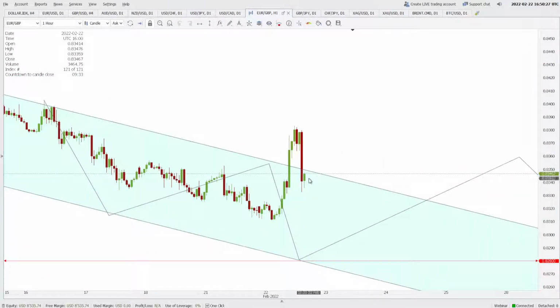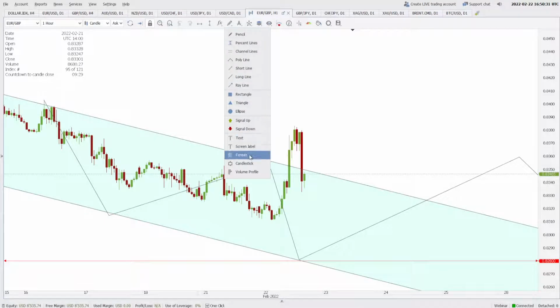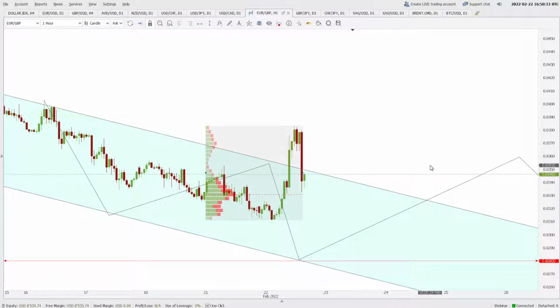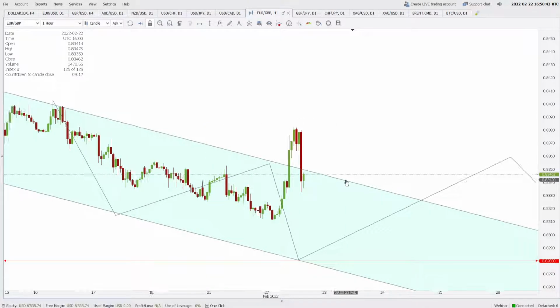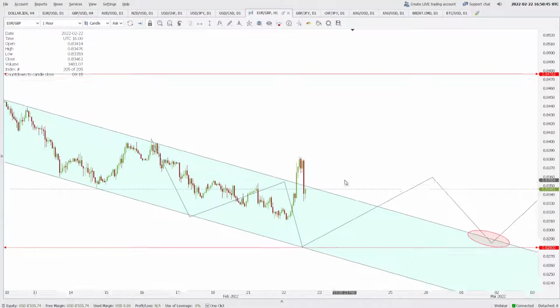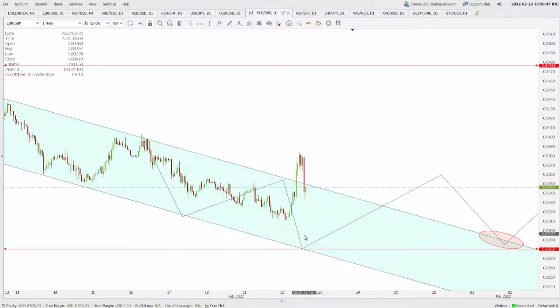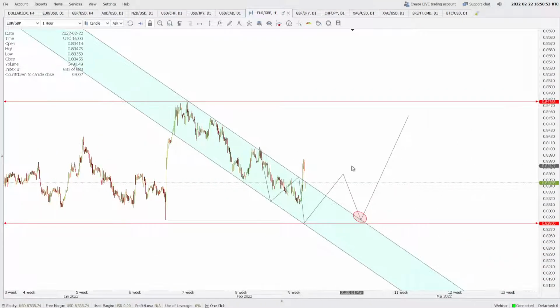I'm thinking that there is a possibility that a lot of orders are coming in here, in this range actually around 0.8329. So this is a volume profile I'm testing. Okay, forget about the volume profile, but yes, I think it is a good idea to open small long positions in this range, keeping your stop loss below 0.8280 and targeting the highs.